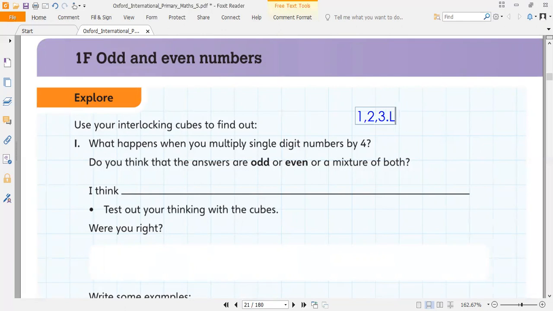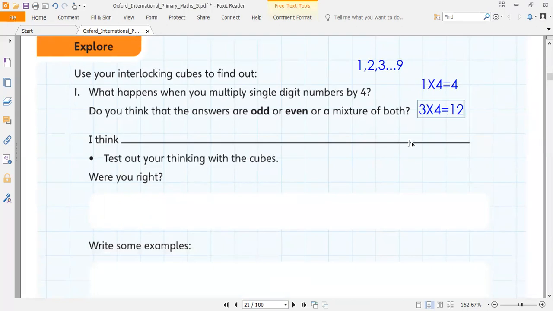As there are single digit numbers, we have to multiply them with 4. If we multiply 1 with 4, then it will equal a single digit number. But some numbers, like if we multiply 3 with 4, will make a two-digit number.